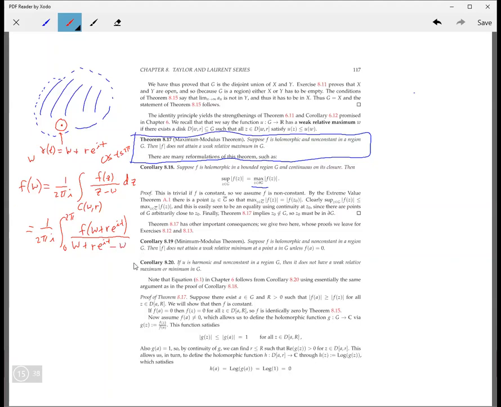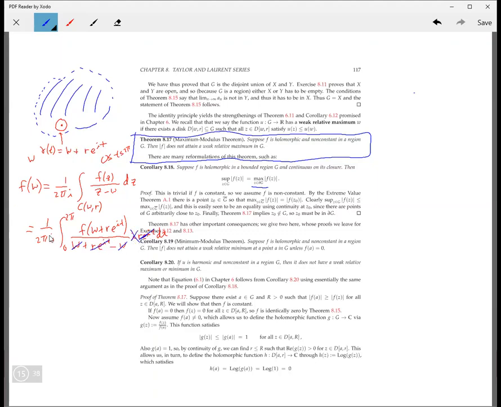minus w. Okay. And then your dz is the derivative of this, which is i r e to the i t dt. Okay, so now this is my favorite part. There's a lot of canceling. That cancels with that. This r e to the i t cancels with this r e to the i t.